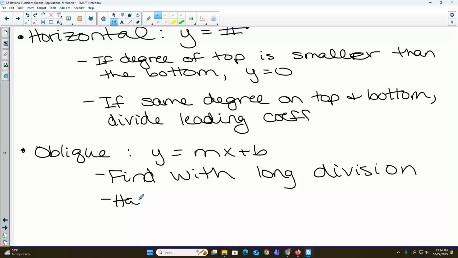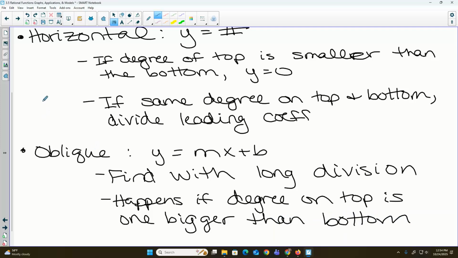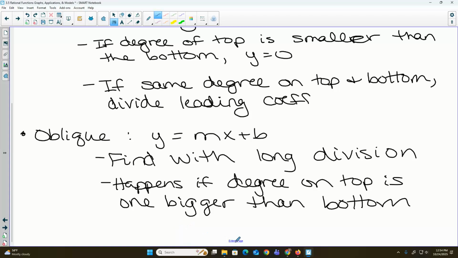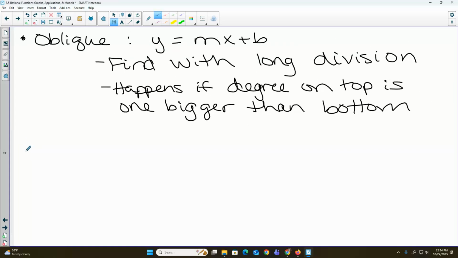This happens if the degree on top is 1 bigger than the bottom. If I have x squared divided by x, that'll put an x in my answer. So if the degree on top is 1 bigger, that's oblique.